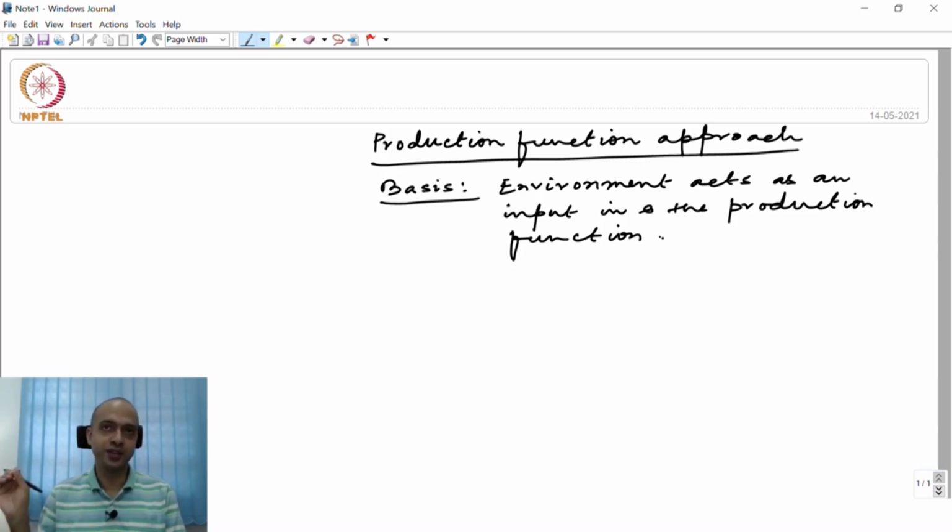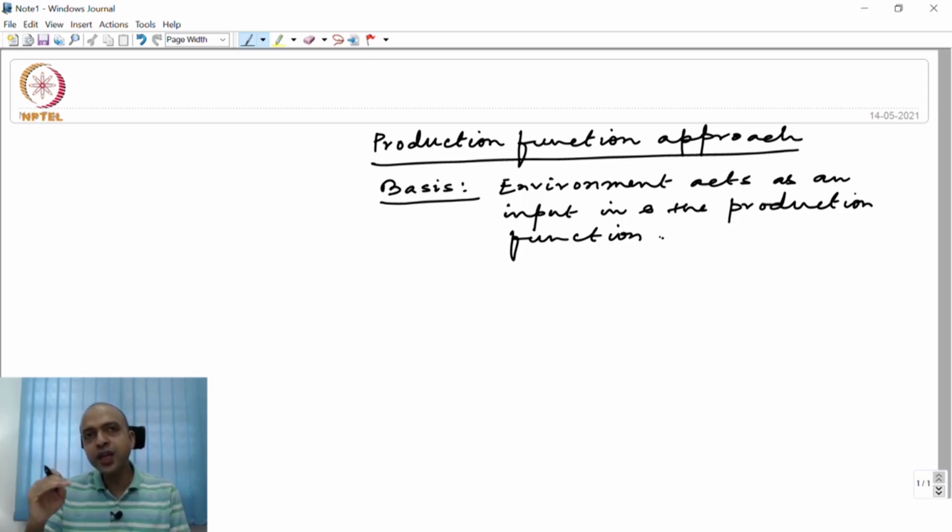for our very existence. So in this approach, we will always try to hypothesize a production function, and then we will include environmental goods or services as one of the inputs.